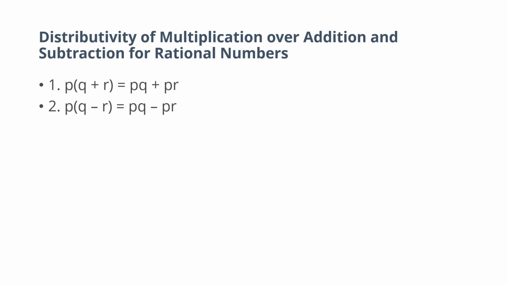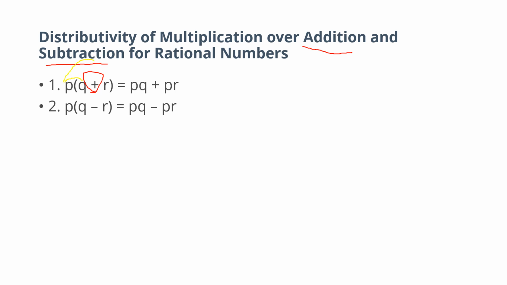Next is the distributive property over addition and subtraction. This also you can verify by taking rational numbers. Here, for addition, what do we do? We just multiply the outside number with the inside numbers.